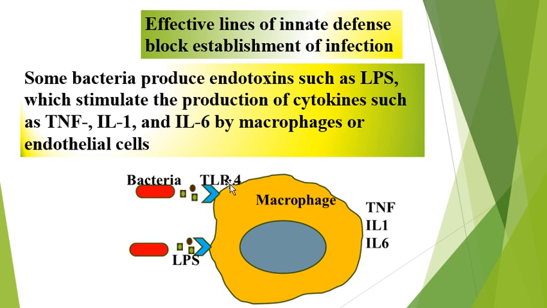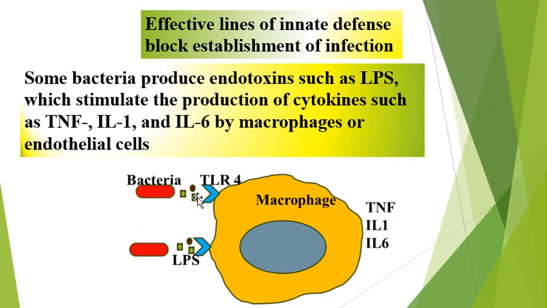As can be seen here, this is a toll-like receptor on a macrophage. The discovery of these toll-like receptors paved the way towards understanding why some individuals may respond better and earlier to dangerous pathogens.